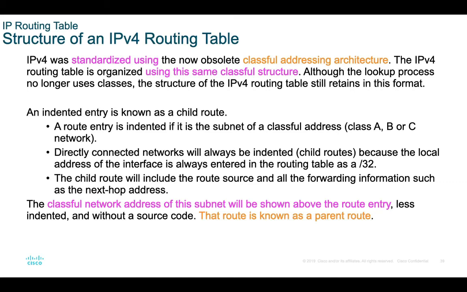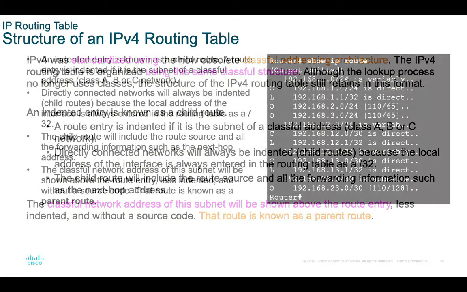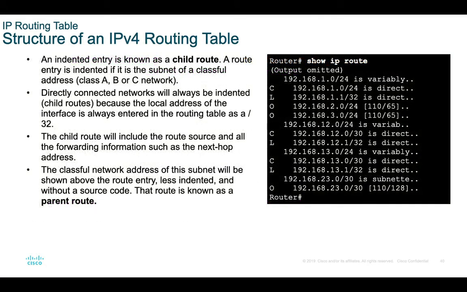Okay, the structure of the IPv4 routing table I already explained to you during the last lecture, so I'm not going to read everything. You can see here there is C directly connected, and then you have an L below that. L is the IP address of the interface, C is the network, and on the top they have the summary, which means the classful of their IP address.